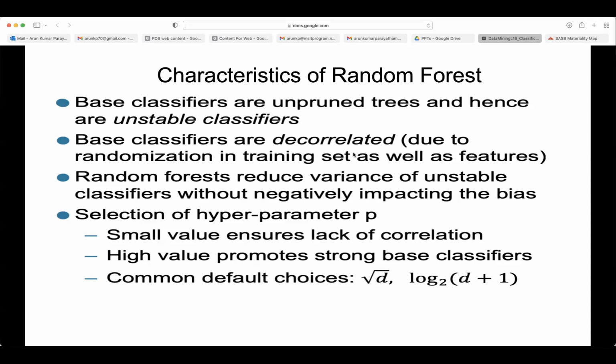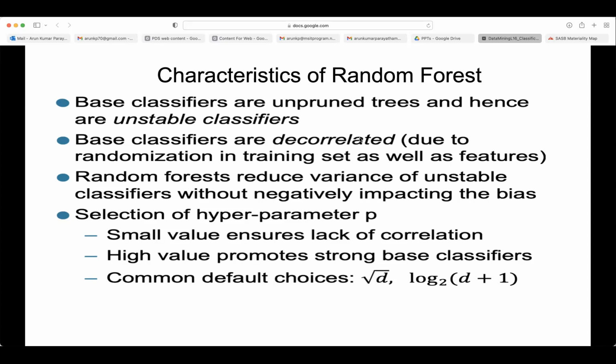Base classifiers are decorrelated due to randomization in the training set as well as the features. The first principle for an ensemble is that whatever base classifiers you build should be independent. Why are these random forest decision trees independent? Because we randomly select the features and also randomly select the training set samples. That's why they are decorrelated.